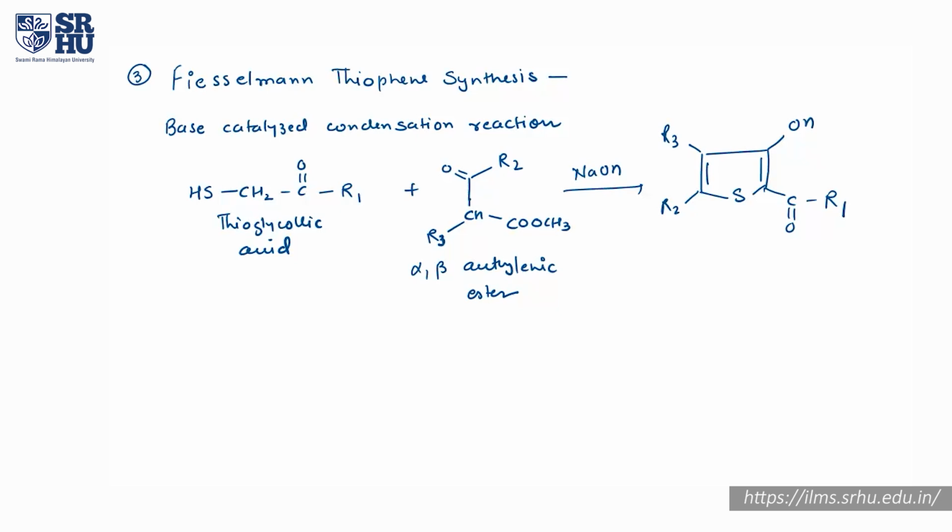Okay. Now the next reaction for preparation of thiophene, our fourth reaction, is Gewald aminothiophene synthesis. So in Gewald aminothiophene synthesis, we will perform a base catalyzed condensation of a ketone with a beta ketonitrile.